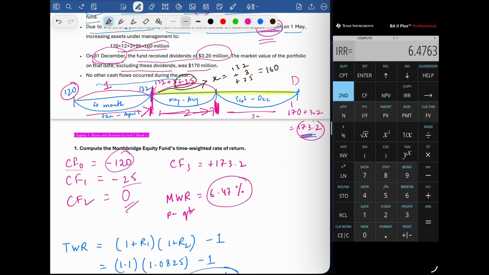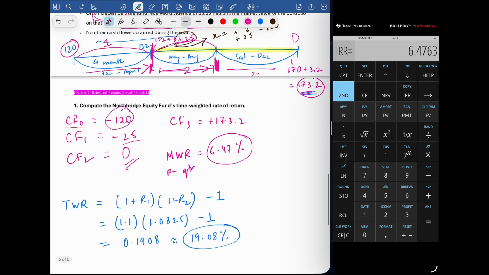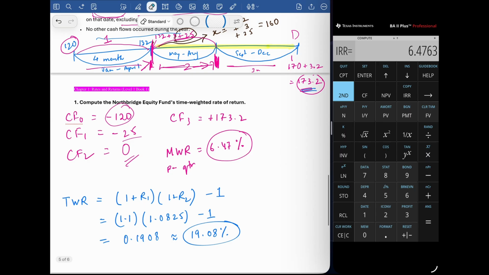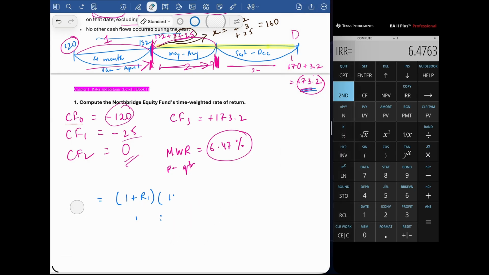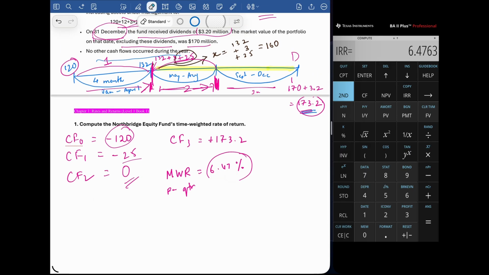What if I want to calculate the money weighted return per year? If I ask you what would be the money weighted return per year for this fund, this is per period, right? So in a year, how many quarters are there? Not quarters, sorry, my mistake, whatever I have been teaching you, again my mistake.